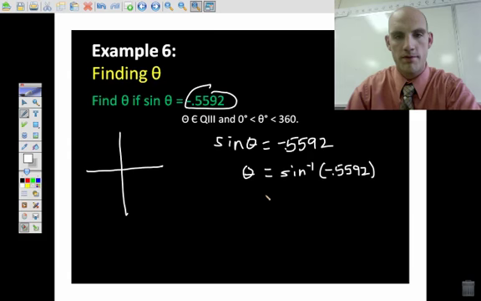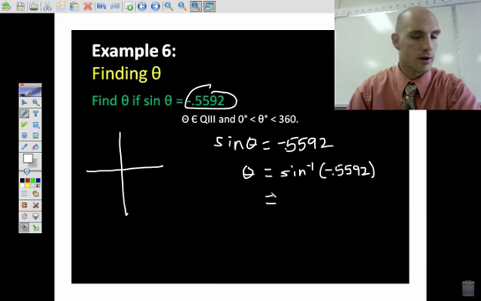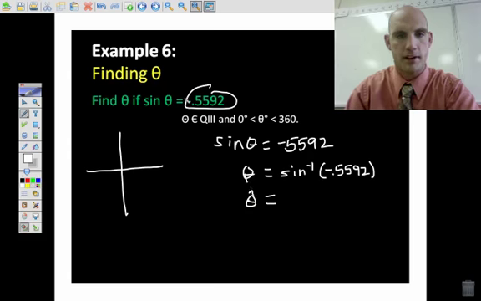So now what we found is that this is actually equal to theta hat, because remember, our theta has some very specific guidelines it has to fit. It has to be in the third quadrant. When we do this inverse sine, we get negative 34 degrees.